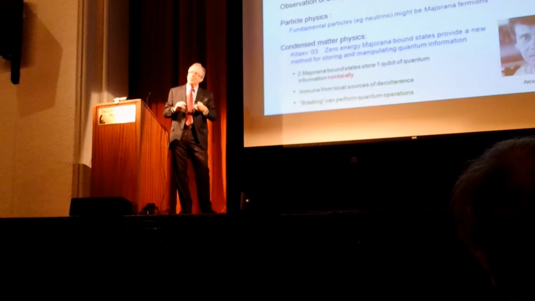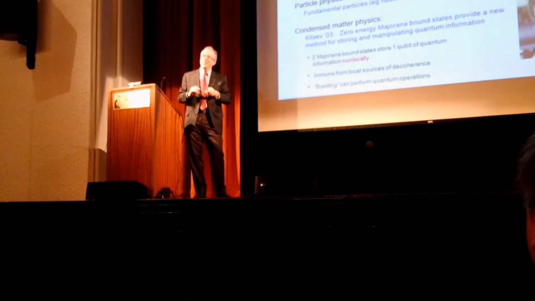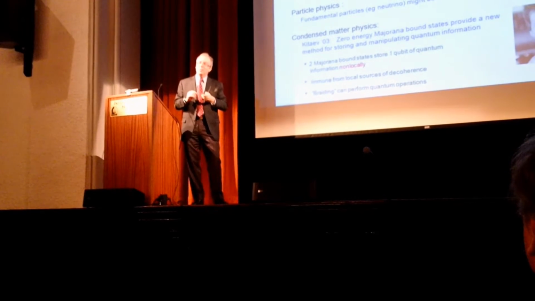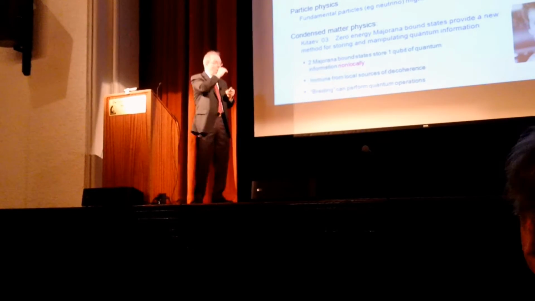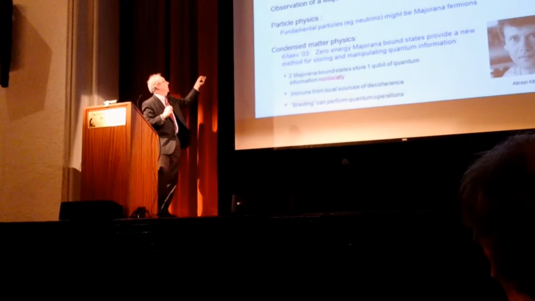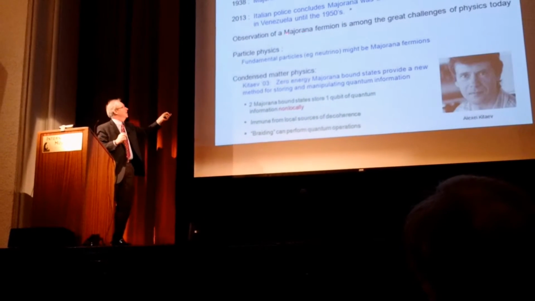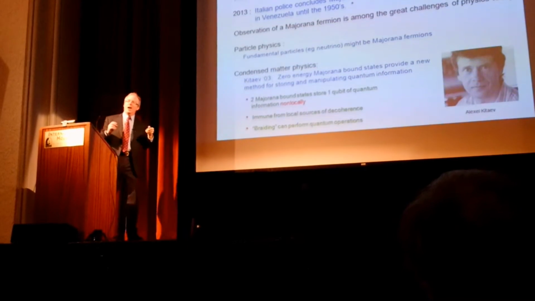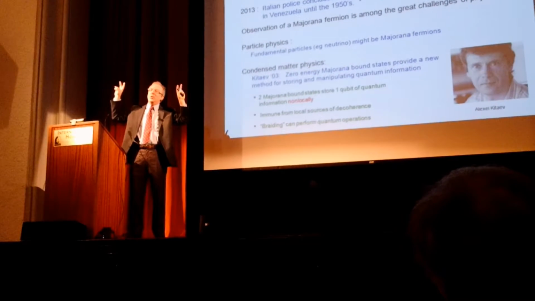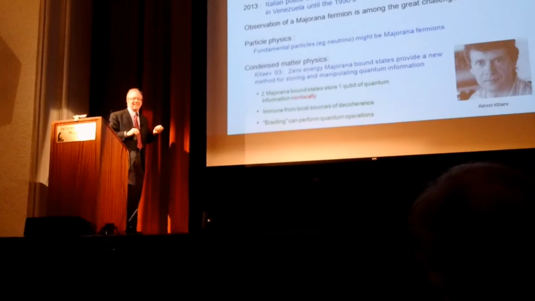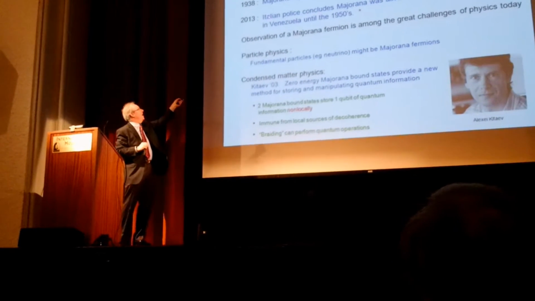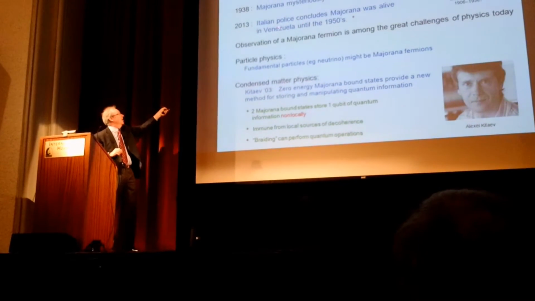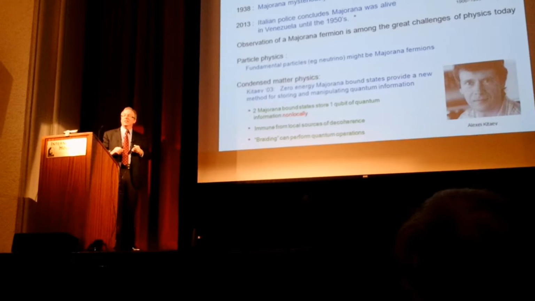But shortly after this, there was a mystery. Majorana got on a boat in Italy, and he disappeared off the face of the earth. And nobody knows what happened to him. He was gone. Now, somewhat more recently, there's a star here, because this has to be qualified by the statement, if you believe what you read on the internet, the Italian police concluded that Majorana was alive and well in Venezuela up into the 1950s.